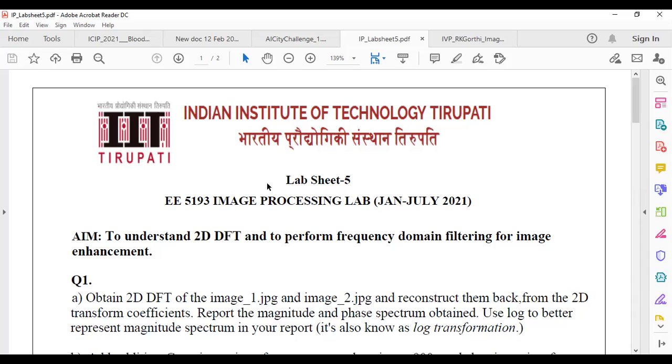Next week's lab sheet you want to skip? Yes, sir. Means you take up all the earlier ones. Okay, that's fine. But let us have the ADSP lab sheet tomorrow. Is that fine? ADSP we are all up to mark?